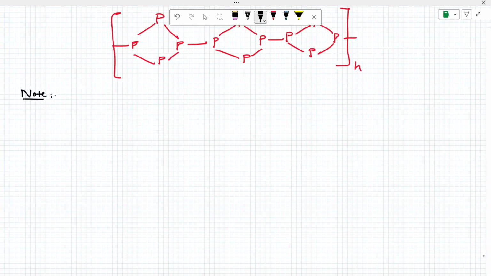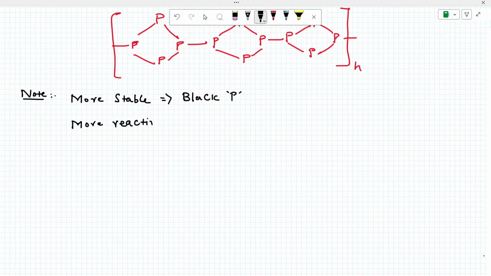The most stable phosphorus is black phosphorus. The more reactive one is white phosphorus.